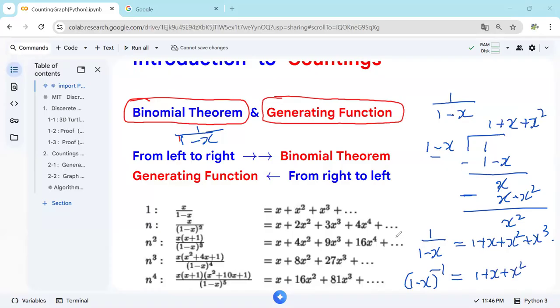Also, if you use, this is f of x, using the Taylor series, you have the same result. So there are three possible methods to generate this kind of power series expansion.